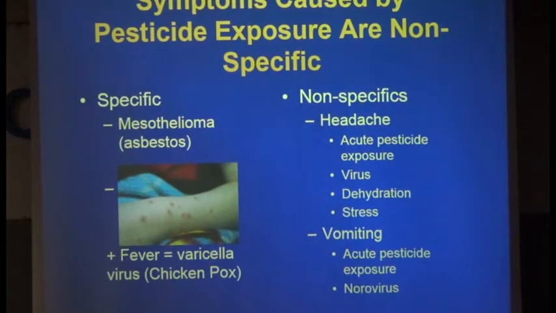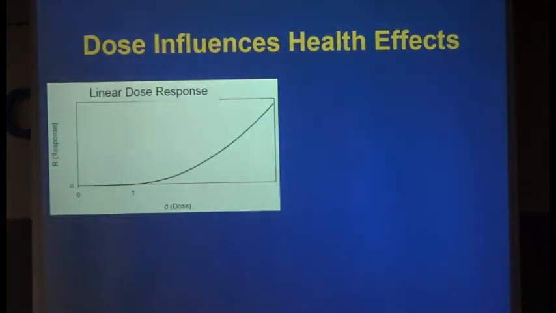Now, there are many different types of symptoms and health effects that can occur after pesticide exposure, and which ones you get and whether or not you get them depends on the dose that you get. So dose is important. And there's a relationship between the dose and the response, or how much you get and how severe the response is.